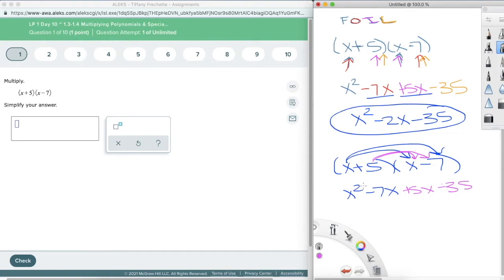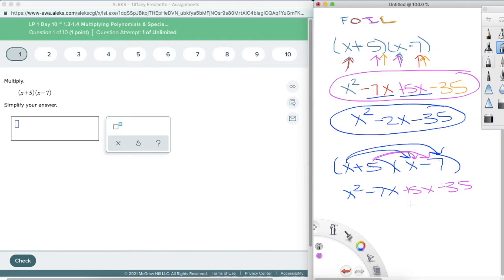This is exactly the same thing that happened up here, in the same order. So I'm using FOIL, I'm just not paying attention to first, outside, inside, last. I'm just looking at the factors. I multiply x by each piece, and then 5 by each piece. So either way that works.